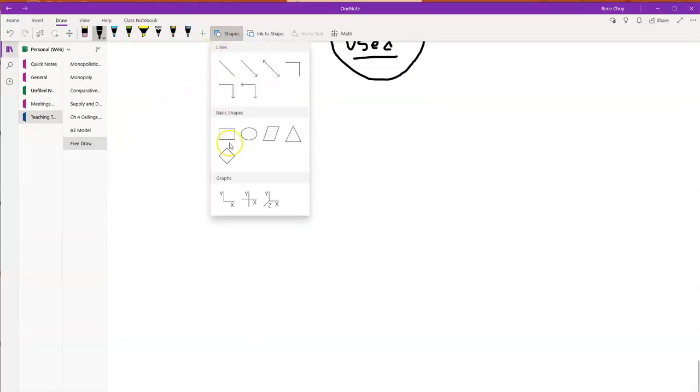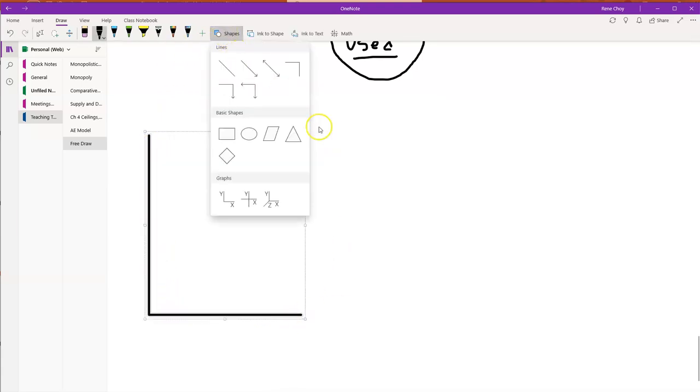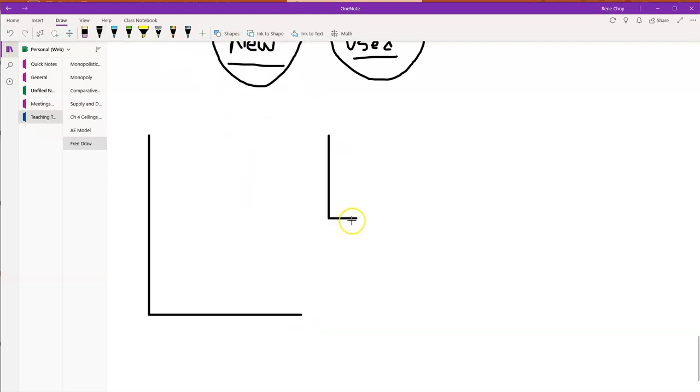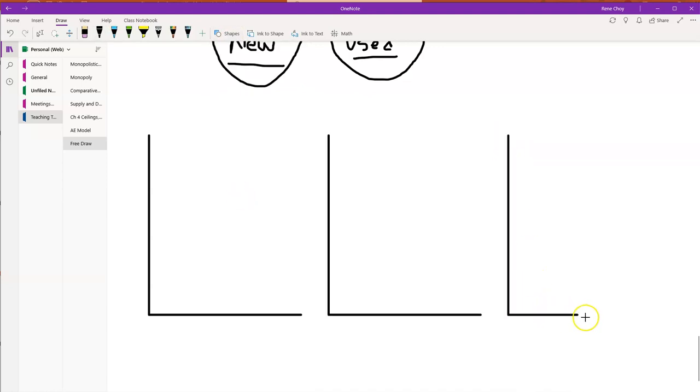So determinants of elasticity, the most important determinant of elasticity is really time. So short run is a very short time period.